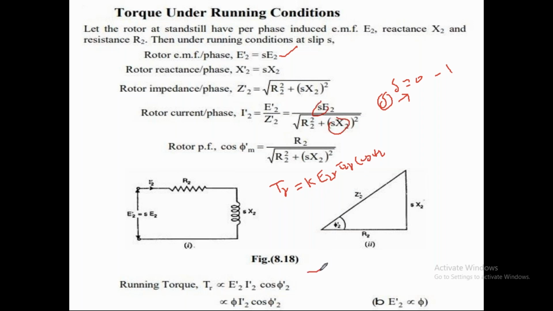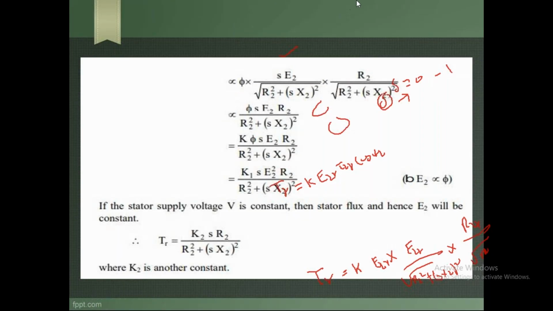So the running torque TR equals K E2R, and instead of I2R I can write E2R divided by the square root of R2 square plus (SX2) whole square. Similarly for cos phi you can write R2 divided by the square root of R2 square plus (SX2) whole square. Now let me see how we can apply the torque equation at running condition.